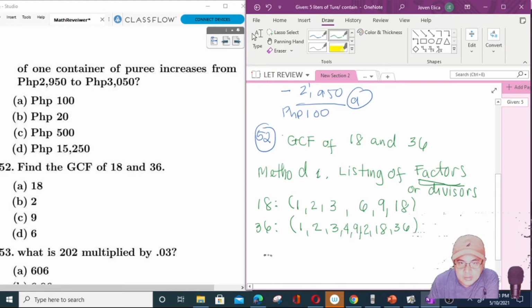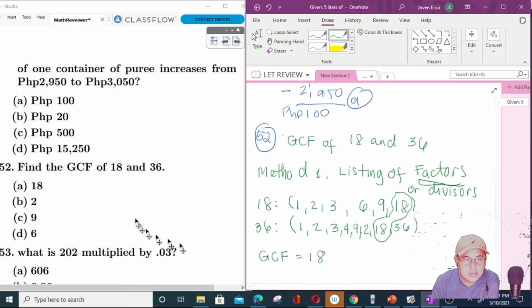Okay, so therefore the GCF, or the greatest common factor: what are the numbers common to 18 and 36? Obviously 18, which is the greatest common factor. 18 is common to both numbers, common to 18 and 36, and that is the GCF, 18. So the answer is letter A.